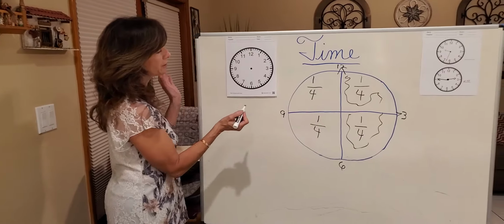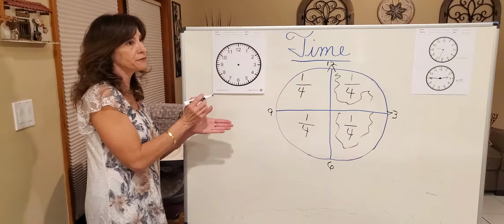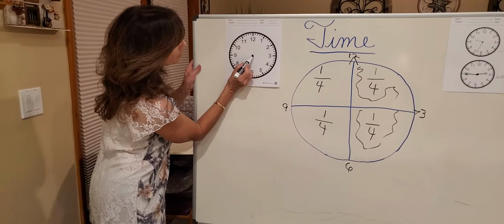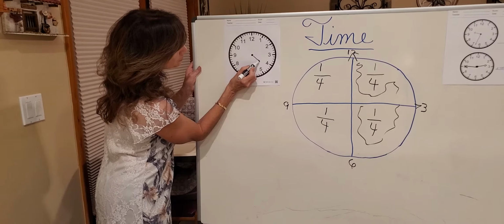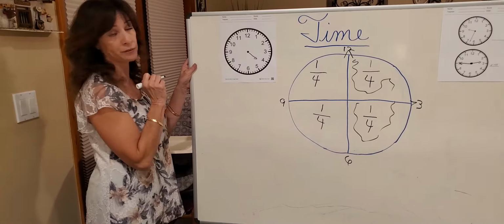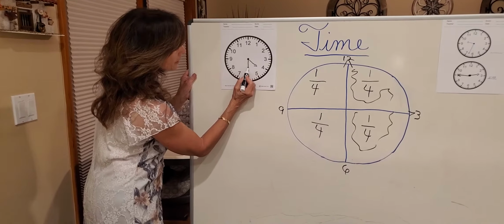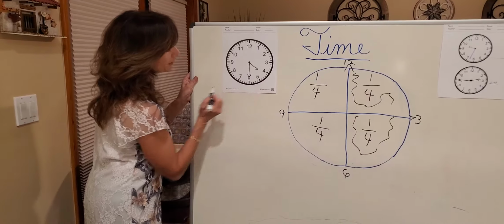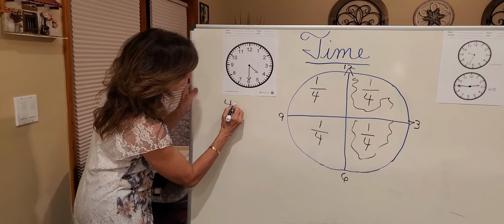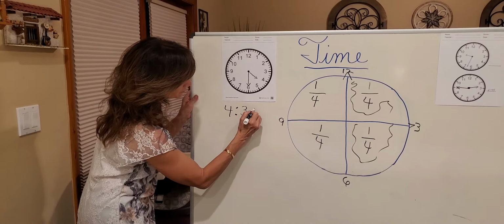That means it's not 4 and it's not 5, it's in between. So the little hand should be somewhere in between 4 and 5, because it's exactly 4:30. And then the big hand should land right here. And so that is 4:30.